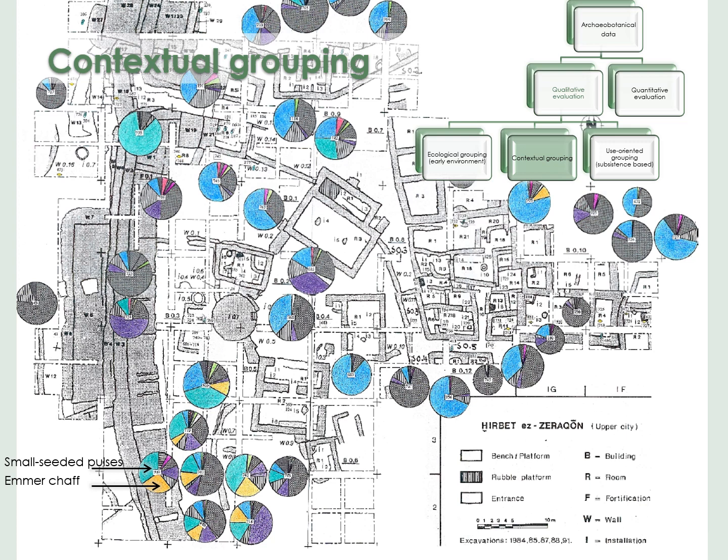A distinct difference is visible between the samples in the altar area with large amounts of small-seeded pulses and emmer chaff, in contrast to the botanical assemblages outside this area. These differences led, together with the faunal analysis, to the interpretation of the presence of gut contents from animal offerings, because small-seeded pulses and chaff remains are typical for animal feeding.